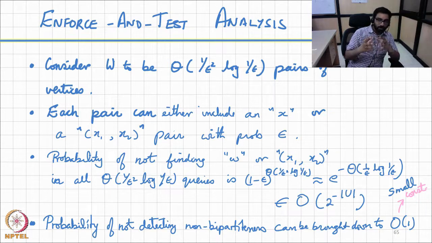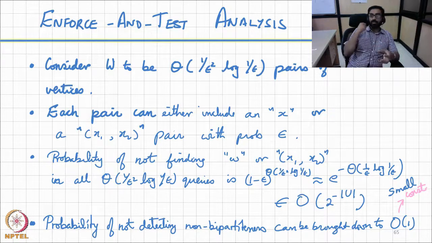In the first part, remember, we're focusing on graphs that are epsilon far from being bipartite, and the first set of U queries enforces a structure. Now we focus on the 2 power |U| number of partitions.